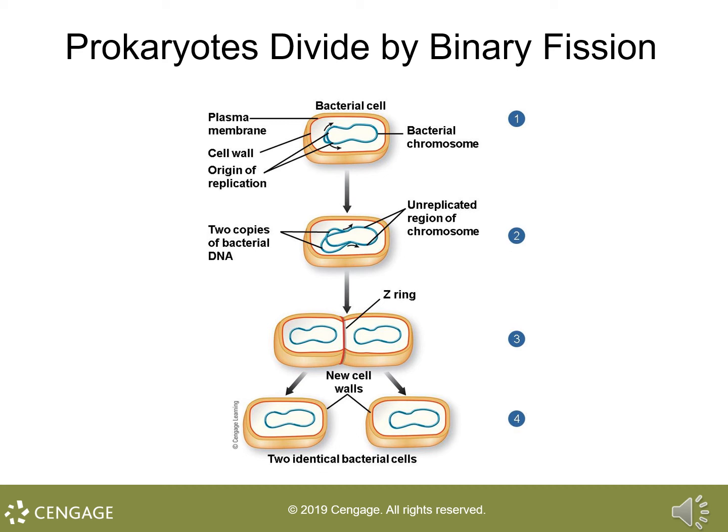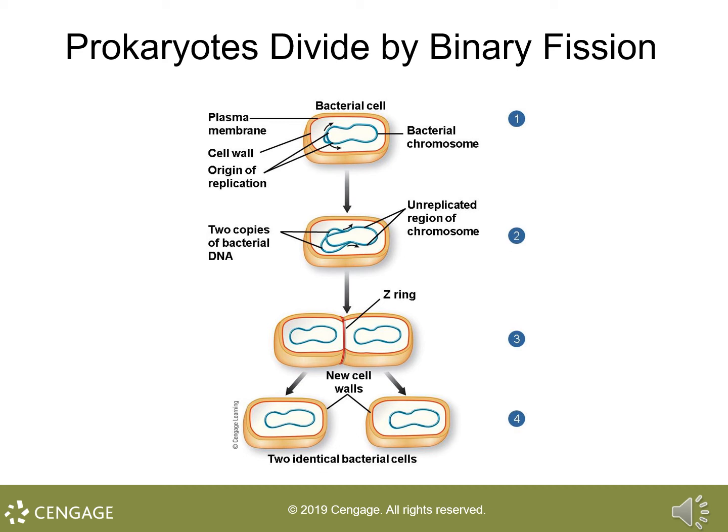And then once replication is completed and the daughter chromosomes separate, we see what's called a Z-ring forming at the cell's midsection. And the cell begins to divide as the plasma membrane grows inward. And then a new cell wall forms and binary fission is complete, and we've got two identical daughter cells as a result.